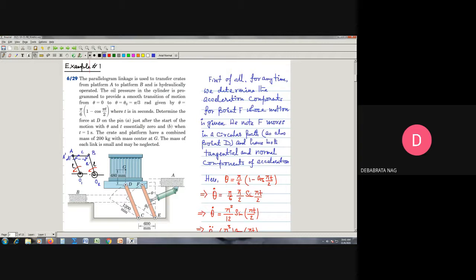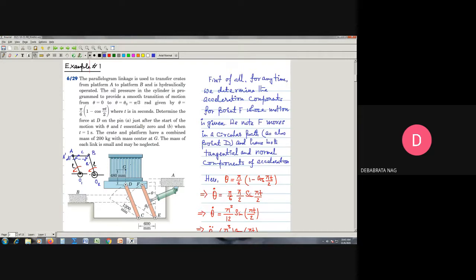The other ends of these cranks are connected with a platform. Therefore, as these cranks rotate, the platform will undergo a translational motion, and thereby it can shift from one location to another location, and this can be applied to, say, transfer this payload.